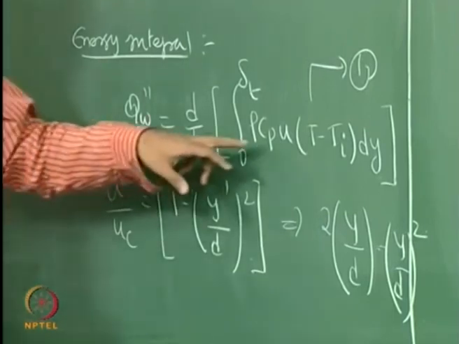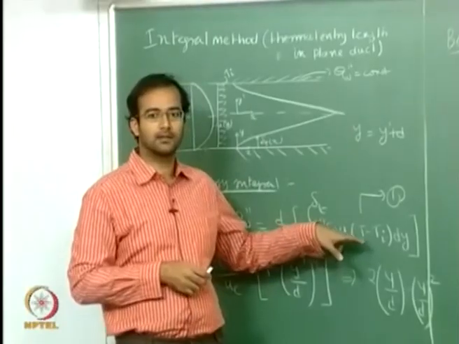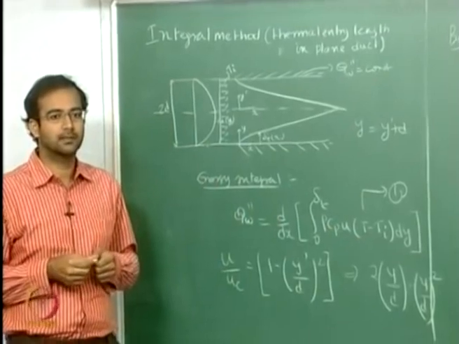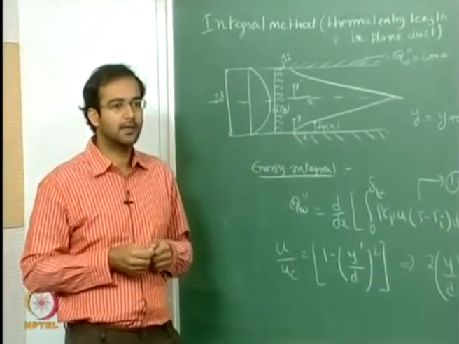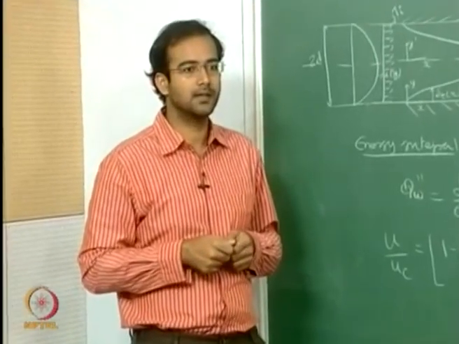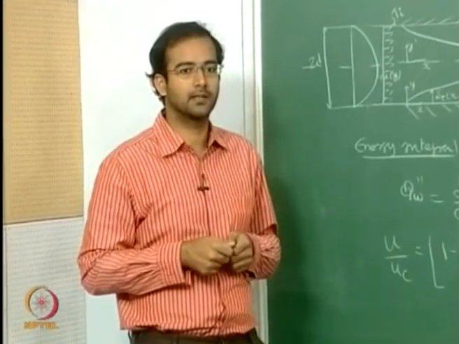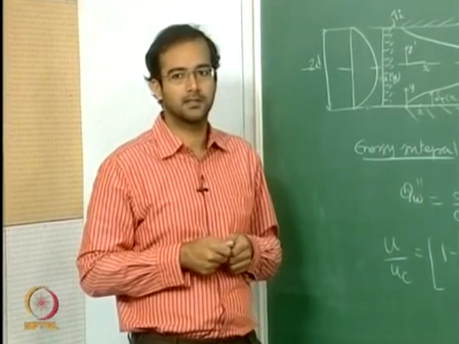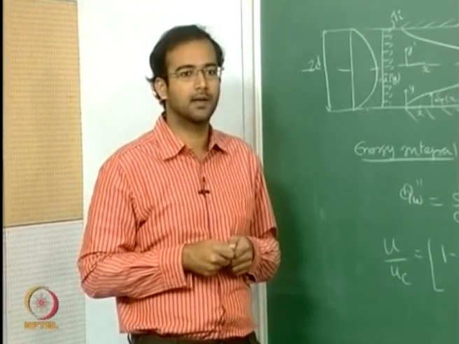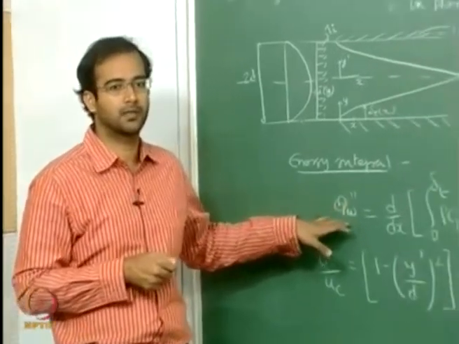So all you need to do is know the velocity profile and guess some profile for the temperature. The velocity profile here is coming from the exact solution, because you cannot again use an integral method solution in the fully developed region. Once the boundary layers merge, the integral method cannot be applied, because these are all boundary layer equations.